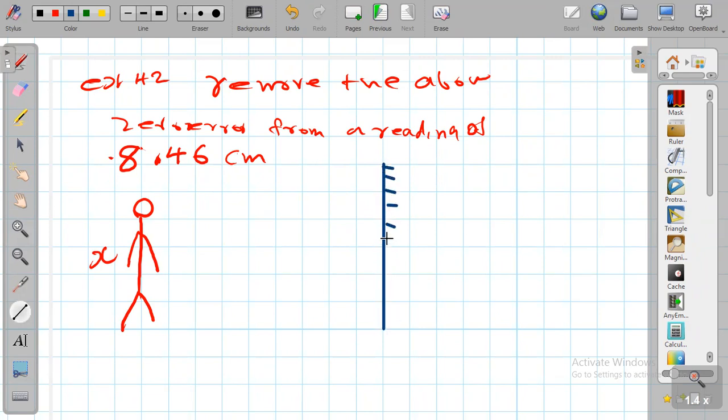It was designed to take the reading with that plank. Now the plank is no longer there; the plank has been removed. Now he has to stay on the ground.